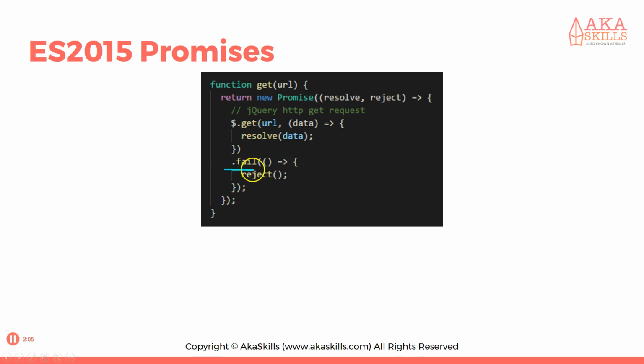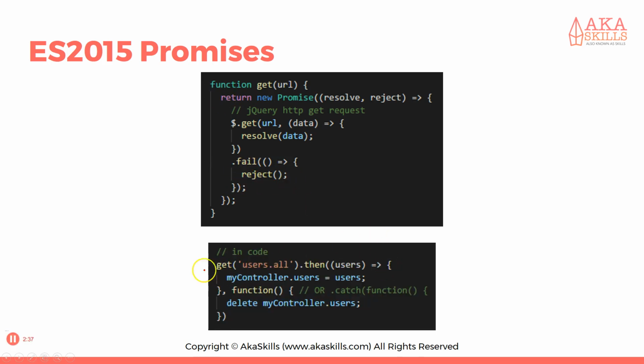But I can say on fail, I want to reject that. Here is how I can use it. I can say get from users.json, which is the URL, and I can say .then. If it's successful, users goes to myController.users equals users. But if it's failing, then I can say comma, new function, and say, for example, delete myController.users.